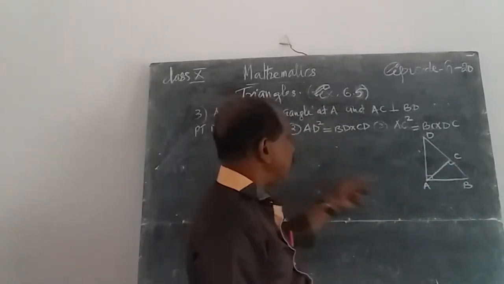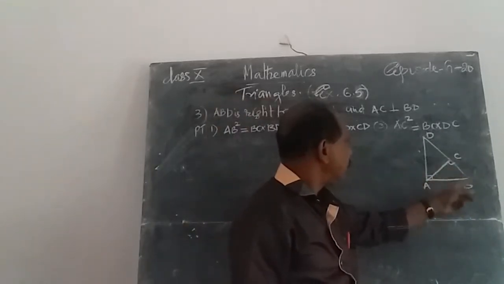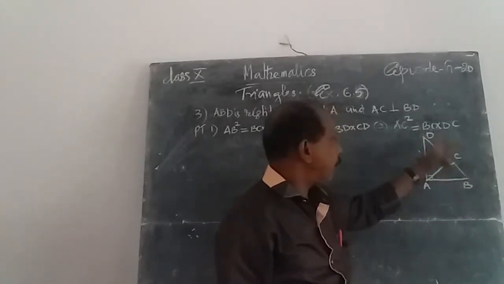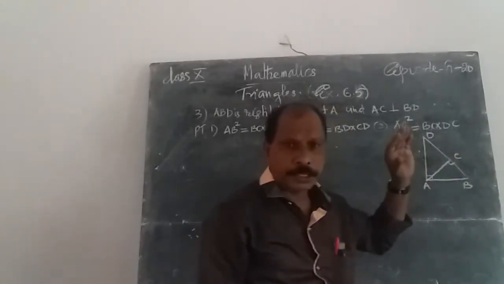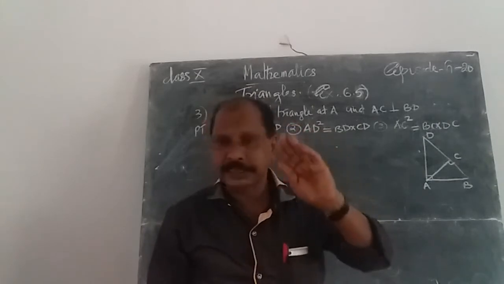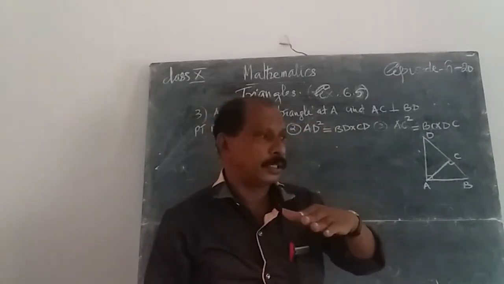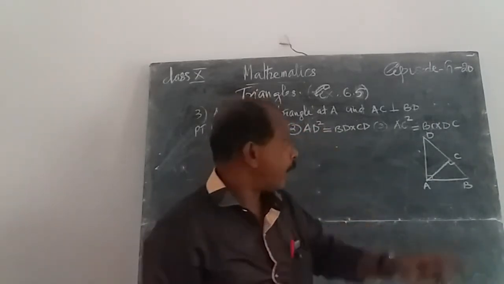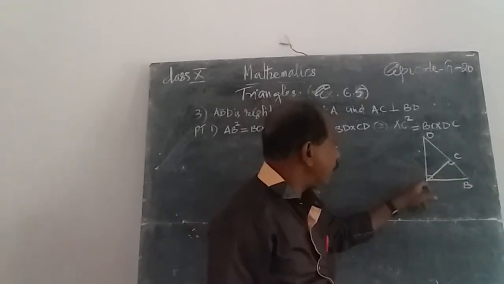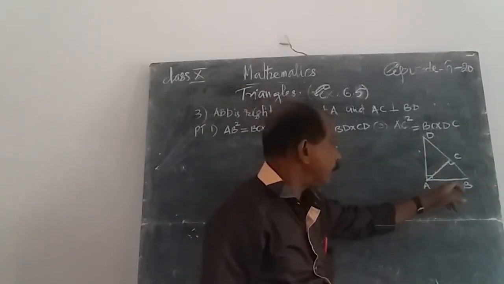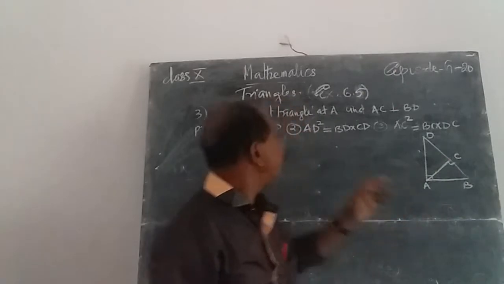And BC, BD are the corresponding sides of the smaller and larger triangle. That means, to verify the first result, consider the two triangles BAD and BCA. We get the first result.